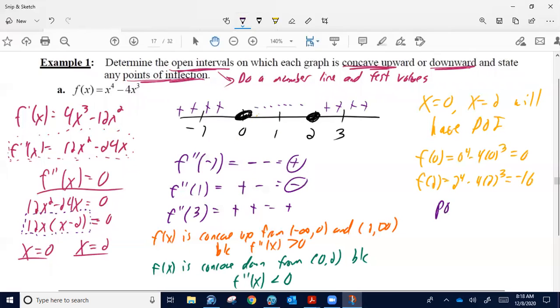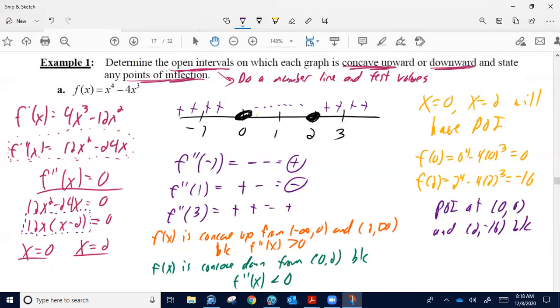So we have POI at 0, 0 and 2, negative 16 because f double prime equals 0 and f double prime changes signs.